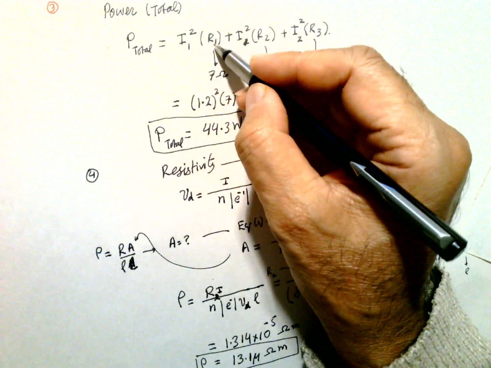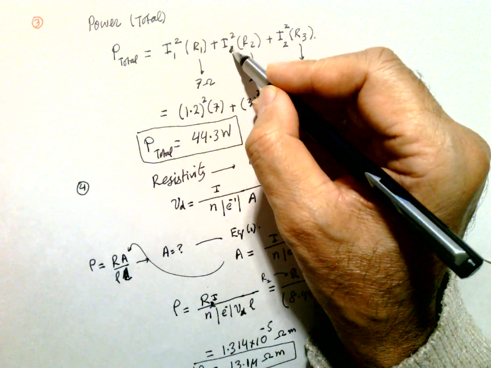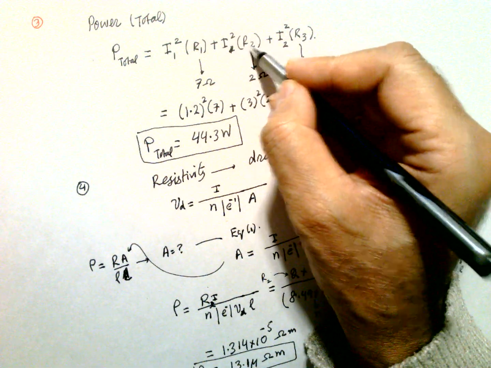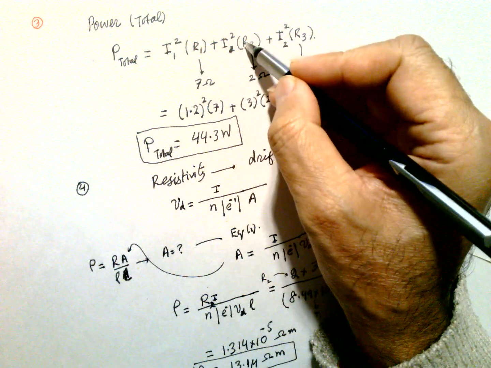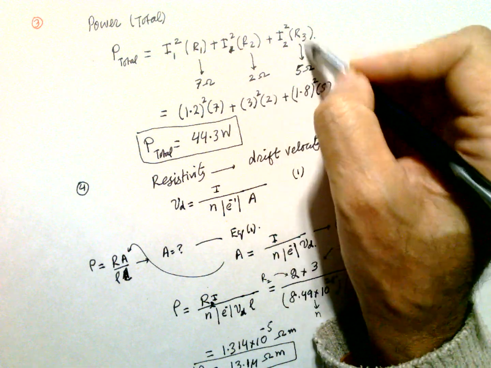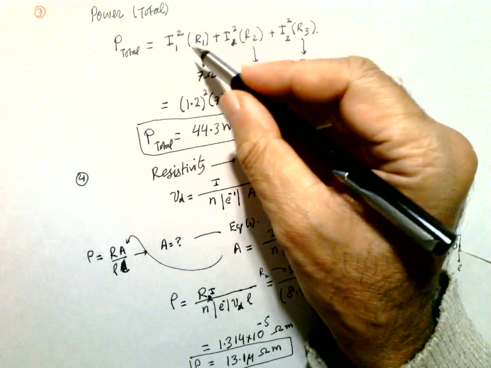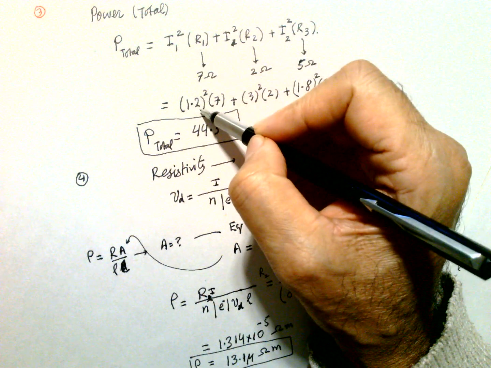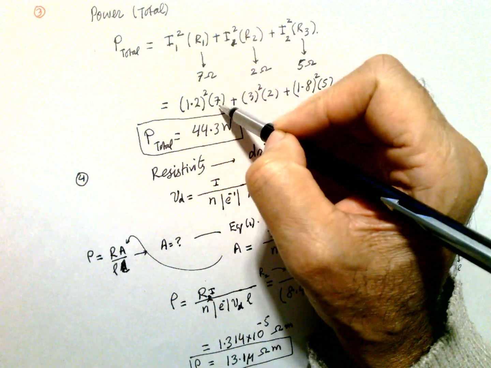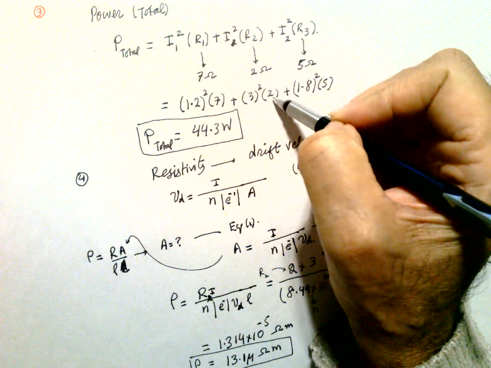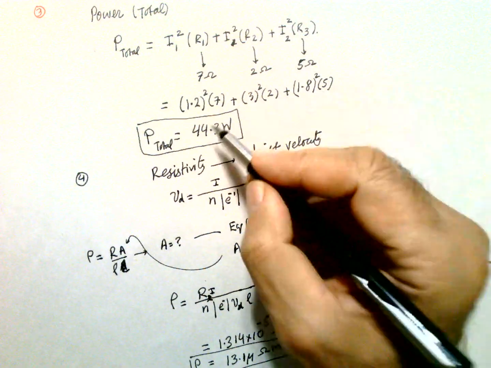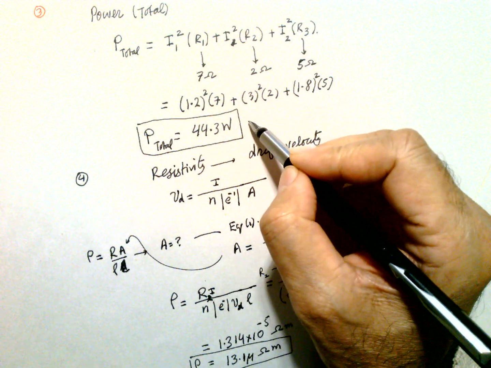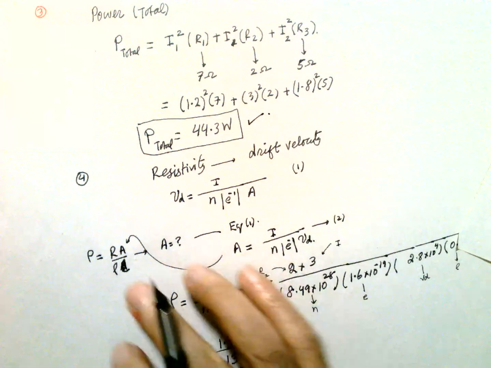So I1 squared R1 plus I squared R2 plus I2 squared R3. R1 is 7, R2 is 2 ohm, R3 is 5 ohm. If you substitute the values, 1.2 amp squared multiplied by 7, 3 amp squared multiplied by 2, and 1.8 squared multiplied by 5, the total is 44.3 watt, which is the power dissipated in the circuit.